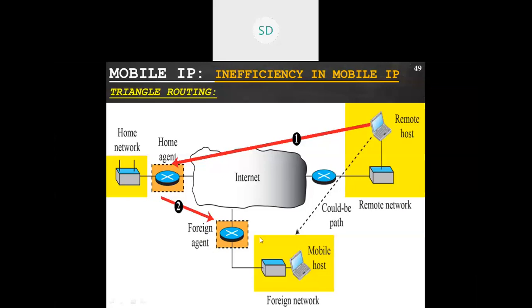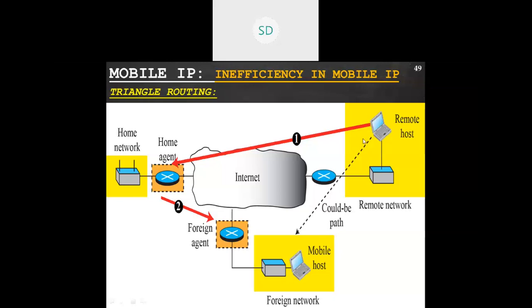But again, this is not possible. It considers the destination address as the home agent itself. Therefore it sends the packet to the home agent, and from the home agent to the foreign agent. So this is also an inefficiency. We call this type of inefficiency, where the mobile host is present in some other network, triangle routing.